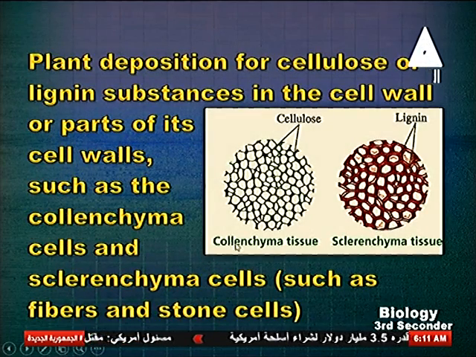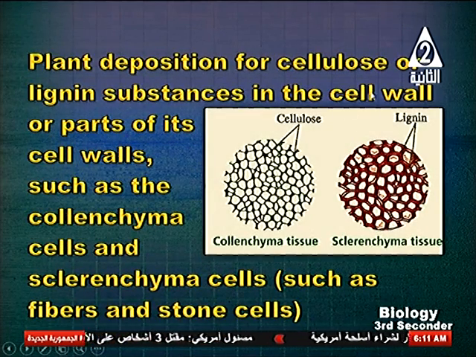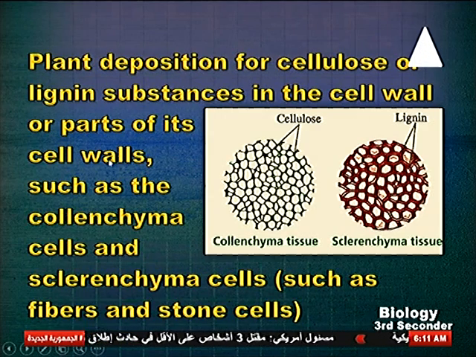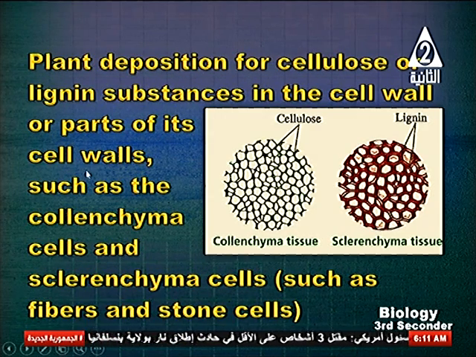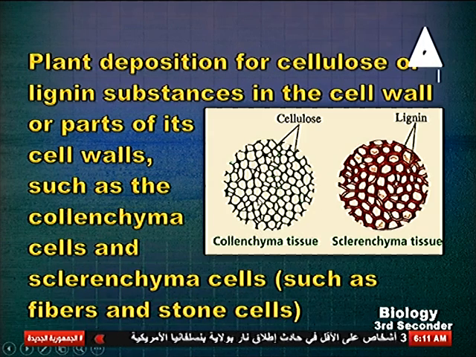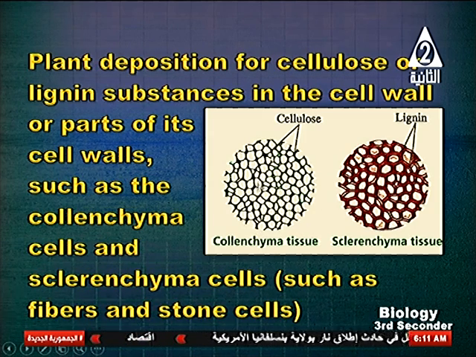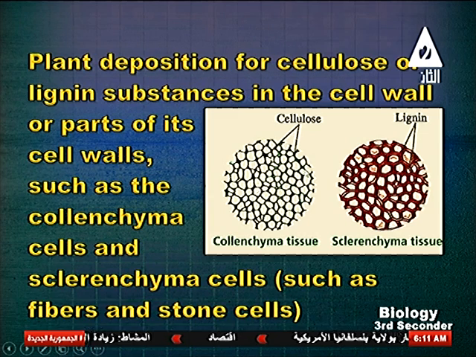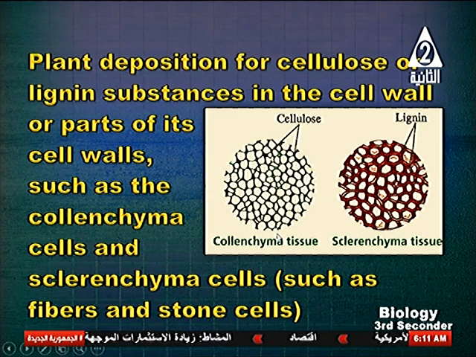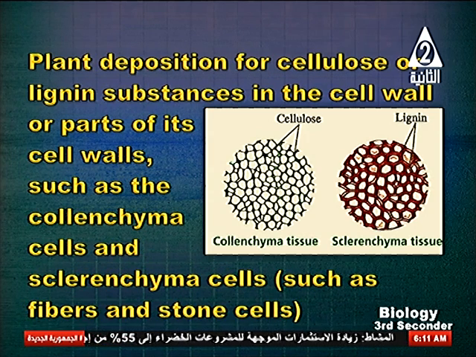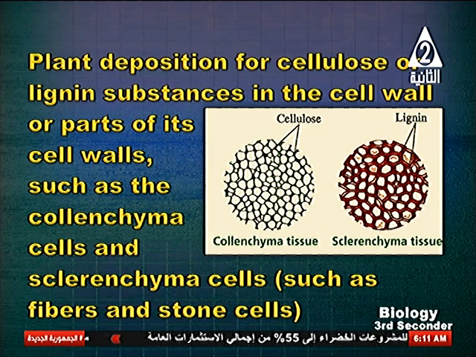Another example is the deposition of cellulose or lignin substance in the cell wall or parts of the cell wall. As you see in collenchyma, cellulose is deposited in the intercellular spaces between the cells. Don't forget that parenchyma cells are arranged in an irregular way, so parenchyma have large intercellular spaces for aeration.